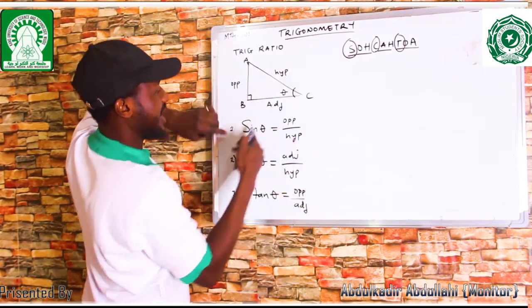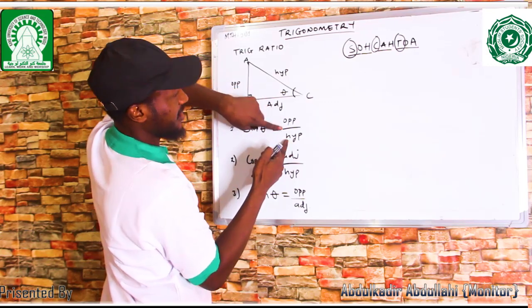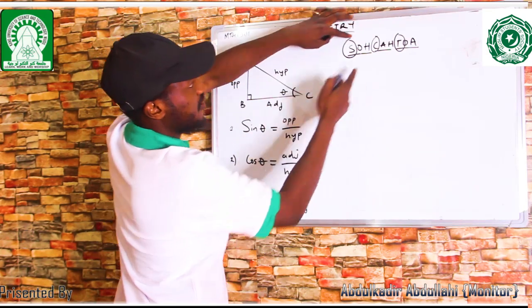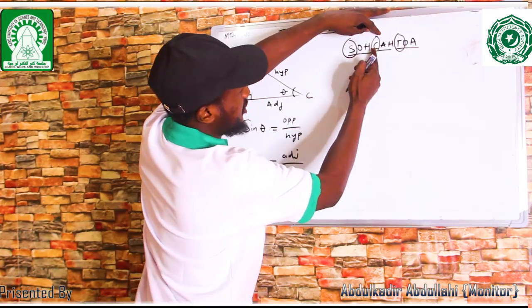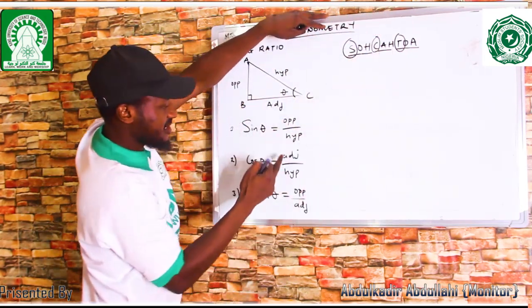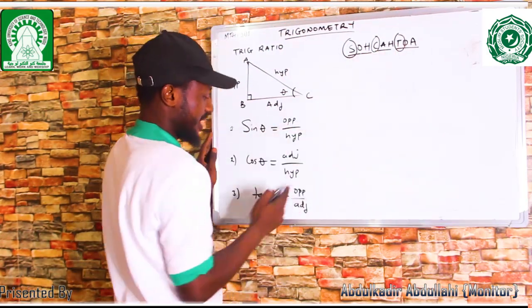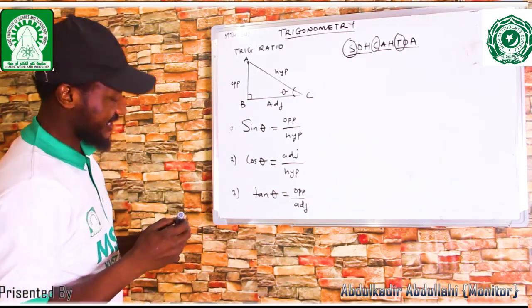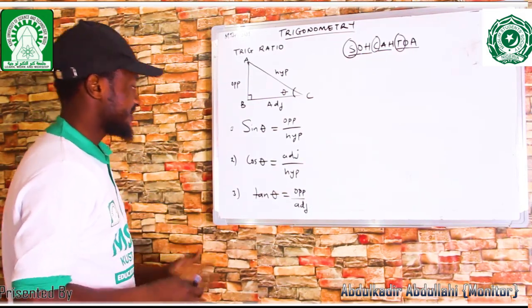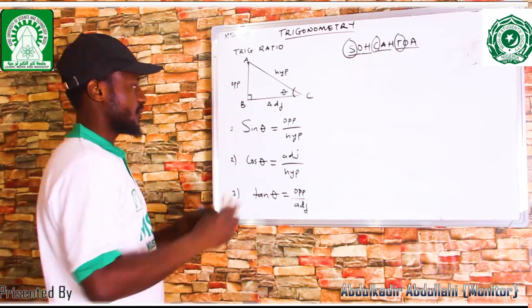So sine theta is opposite divided by hypotenuse, while cos theta is CAH, adjacent over hypotenuse, and tan is TOA, opposite over adjacent. So this is simply the trigonometric ratio.